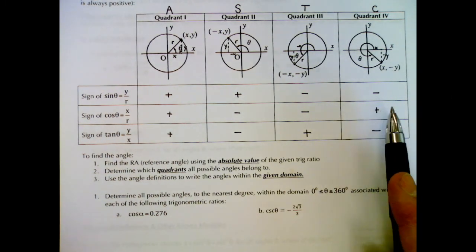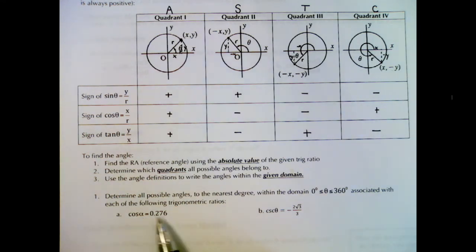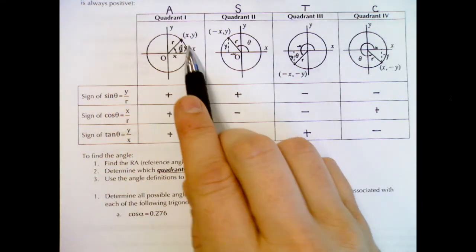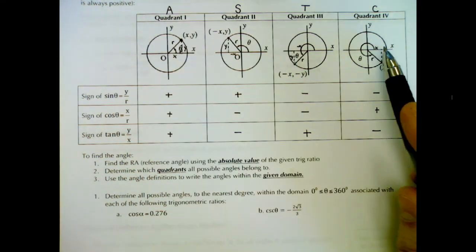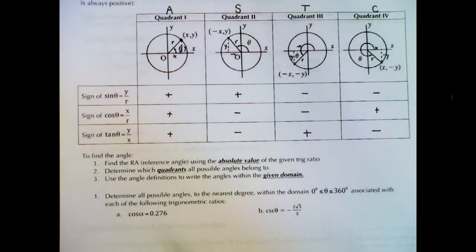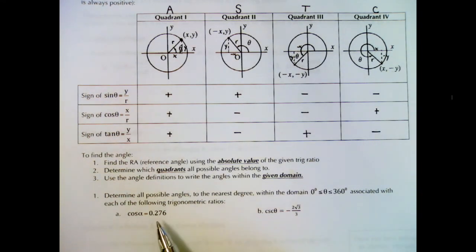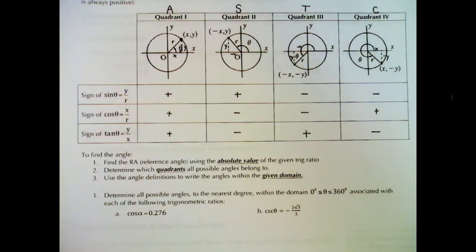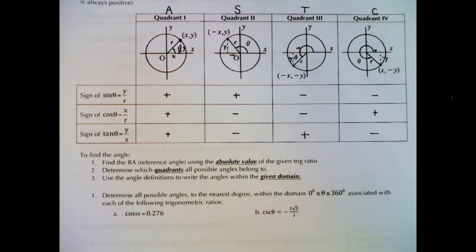So that means the angle that gives us this ratio would be between 0 and 90 degrees, and there would be a second angle between 270 and 360 that would give us that exact same ratio. So solving these questions, we're looking for both answers. And that's how the CAST rule helps us find angles.